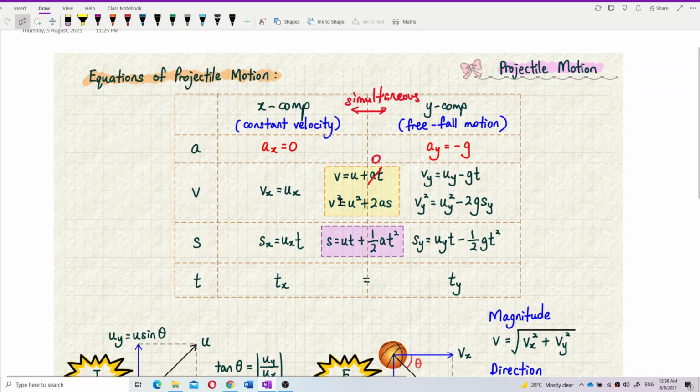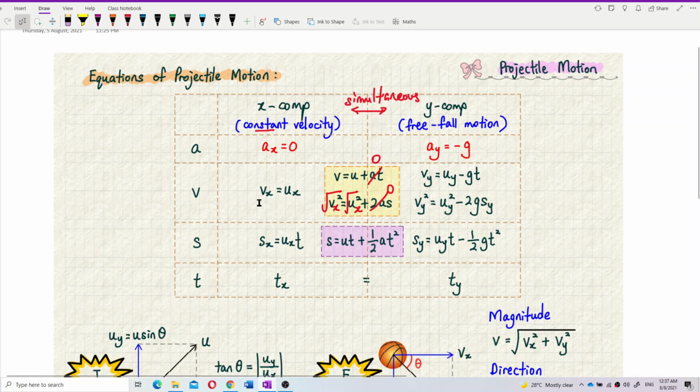Similarly for v squared equal to u squared plus 2as, we substitute a equal to 0. What do we get? We square root both sides and also get vx equal to ux, because the x component is a constant velocity.